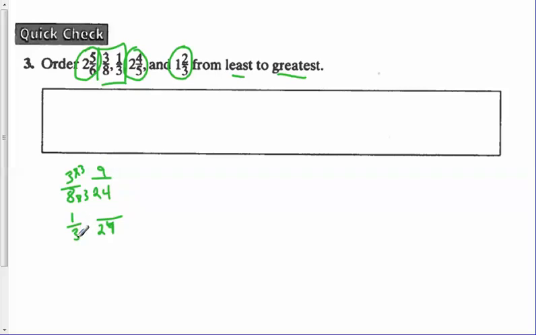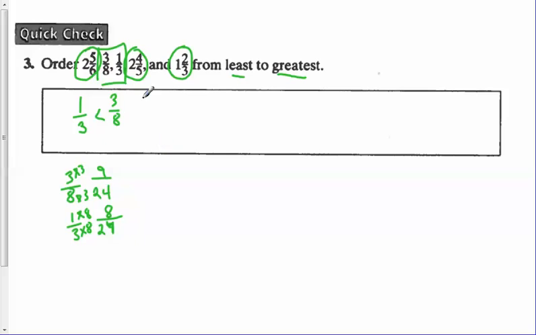For my 1/3, I multiplied 3 times 8 to get 24, so I multiply 1 times 8, and I get 8. So 1/3 is less than 3/8, so that's going to be my first set of fractions that I can put into order. So 1/3 is less than 3/8.